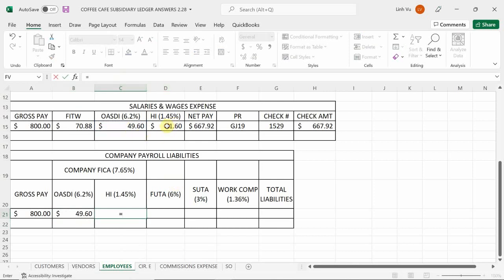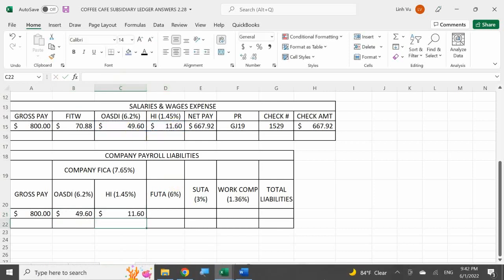Her Medicare is going to be $11.60, right? Because the company is responsible to also match the employee's portion of the FICA, which is the Federal Insurance Contribution Act. Okay, so there you go. We already calculated from the previous one for her personal FICA. Now we're looking at the company's responsibility to match her for every dollar that she puts in her Social Security.